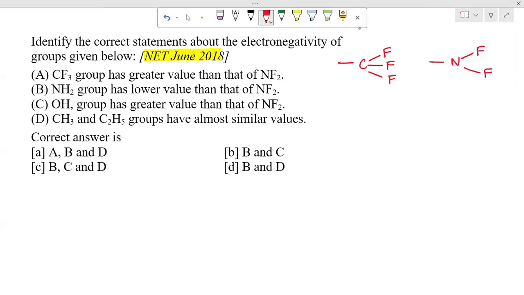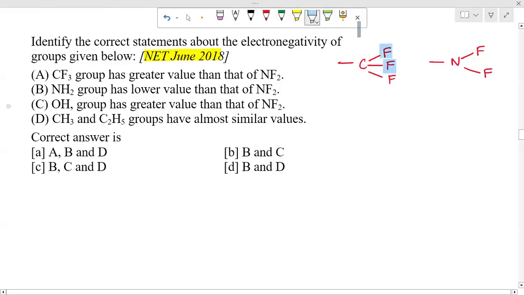The end atoms are the same, fluorine, here also fluorine. So we can compare the electronegativities of the central atom directly, and electronegativity of N is higher than C. So CF3 group will have lower electronegativity than NF2. So statement A is wrong.